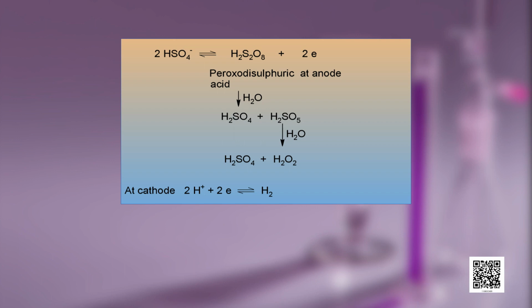This peroxodisulfuric acid further gets hydrolyzed to give us sulfuric acid and H2SO5, which on reaction with a water molecule gives us H2SO4 and hydrogen peroxide. At the cathode, the reaction happening is 2H⁺ ions plus 2 electrons giving us dihydrogen.